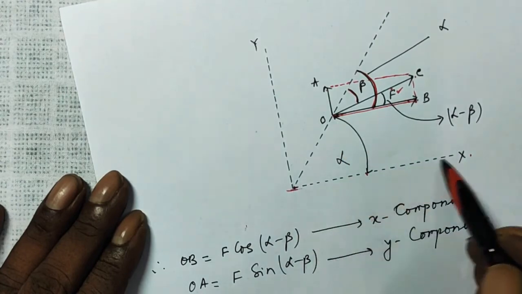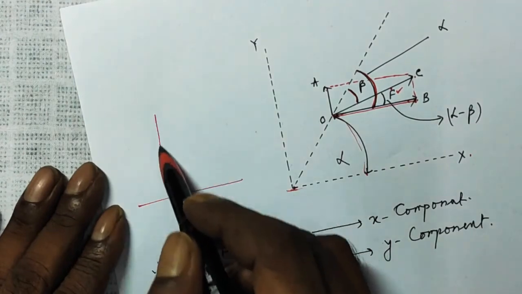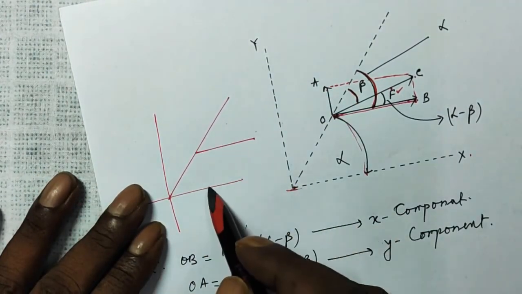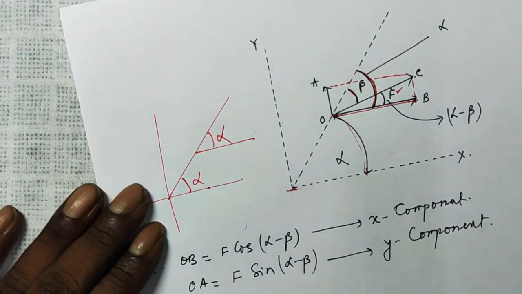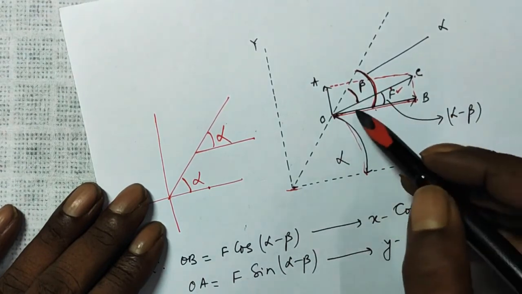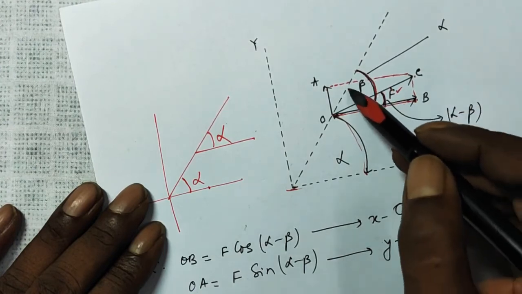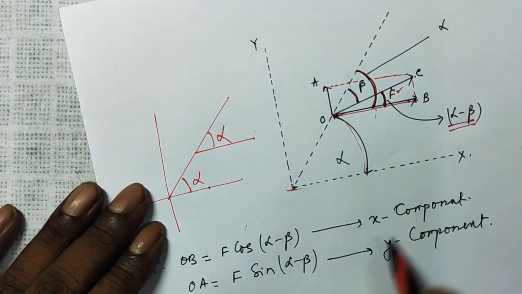OB is parallel to x-axis. So if this angle is alpha, there is a line here. Here is a parallel line, parallel to this. So if this angle is alpha, then this angle will also be alpha. So this angle is alpha, given this angle is beta. Therefore, this much angle will be alpha minus beta.